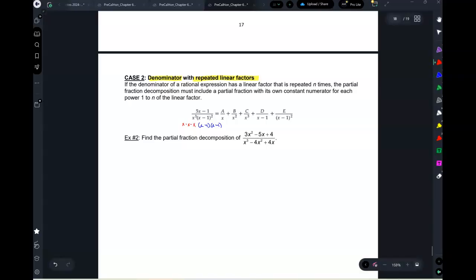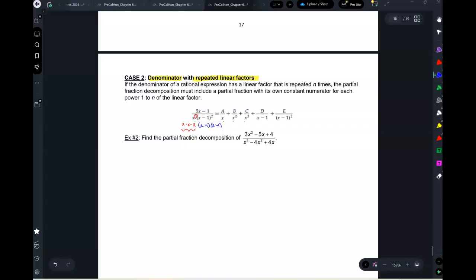That means I need to have 3 fractions devoted to those x's. The way it looks is, I start with x to the 1, and then I increase the exponent by 1 until I reach this maximum exponent of 3. So I have x to the 1, x to the 2, x to the 3.